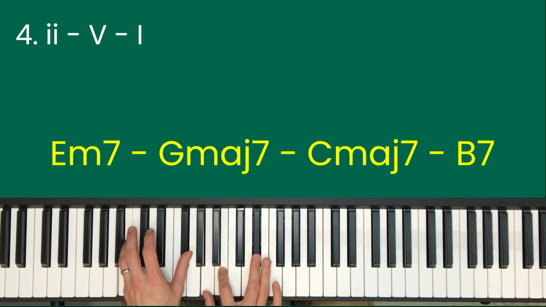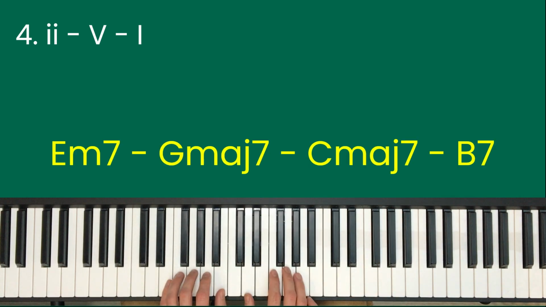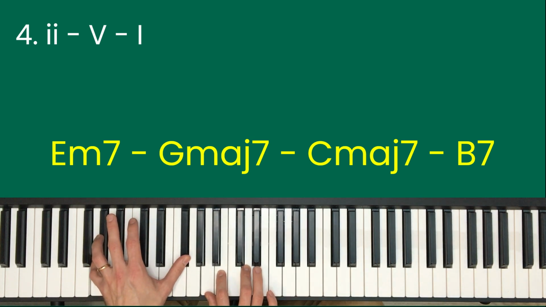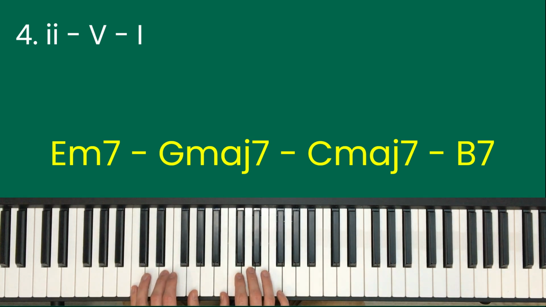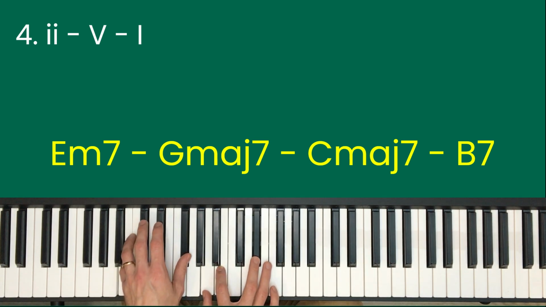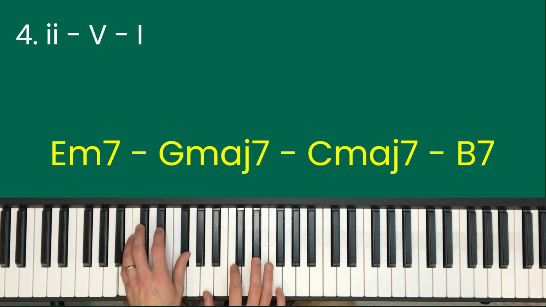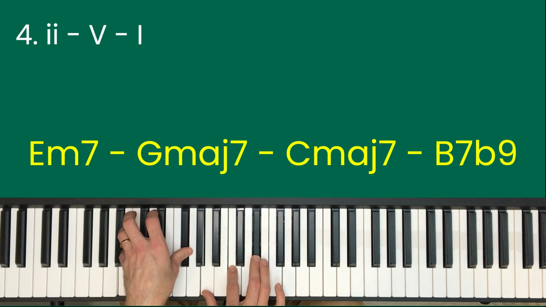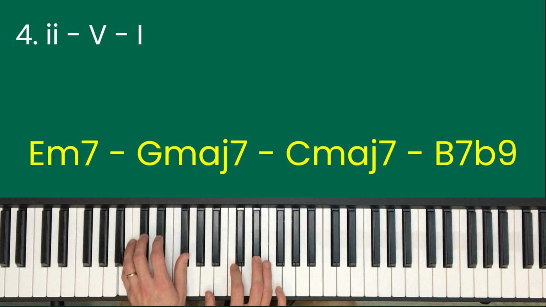Our B7 is already a seventh chord, but we're going to make E minor an E minor 7, G major 7, and C major a C major 7. And we're going to keep our B7. We might even make that a flat 9. Because there's the C natural there, which is the flat 9 on B7.